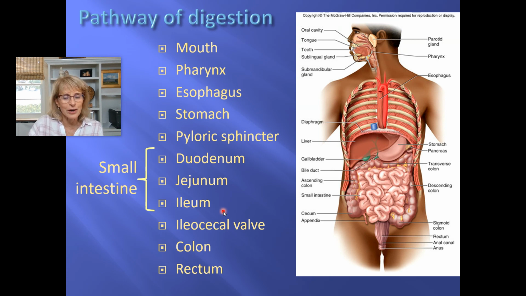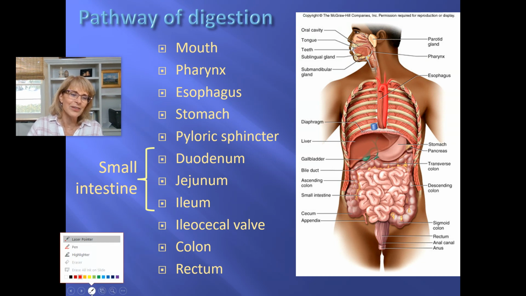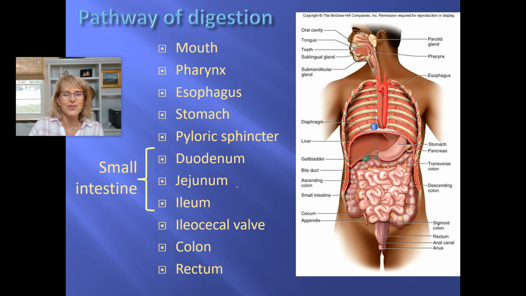Some students have shared with me that the way they memorize the order of the small intestine is they think of the world's nerdiest DJ, DJ Ileum. Oh, I spelled it so badly. That is supposed to be an E. Okay, DJ Ileum, the world's least popular DJ.